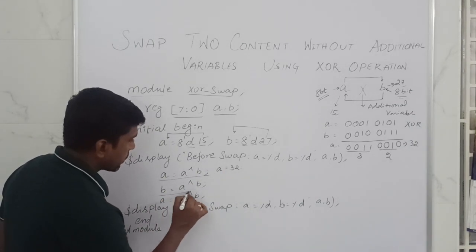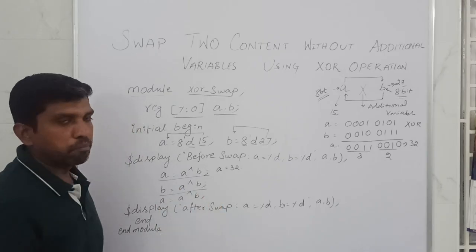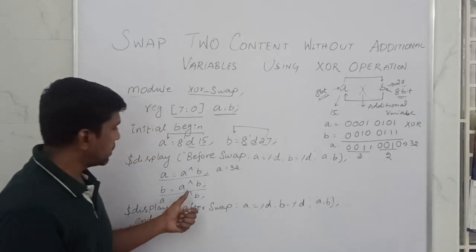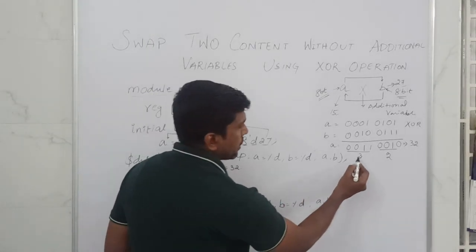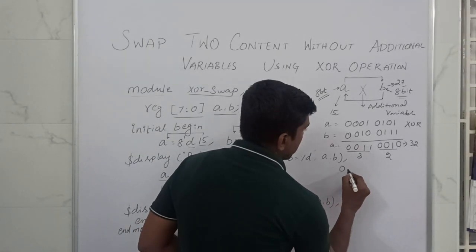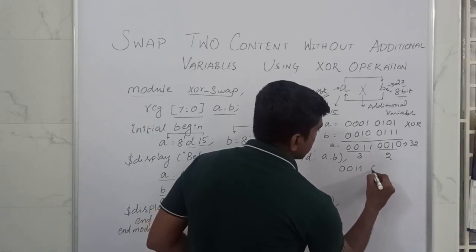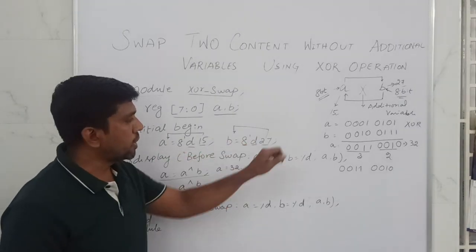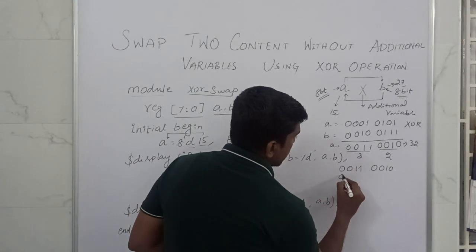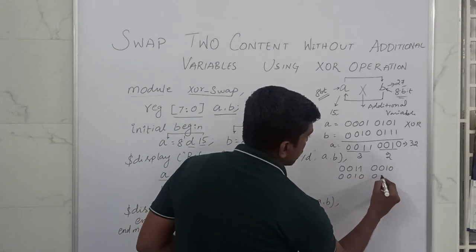Then the next one, B equal to A XOR B. Once again, you do the XOR operation between A and B. Now the A value is 32, and I write the same value here. Then the B value is 27.